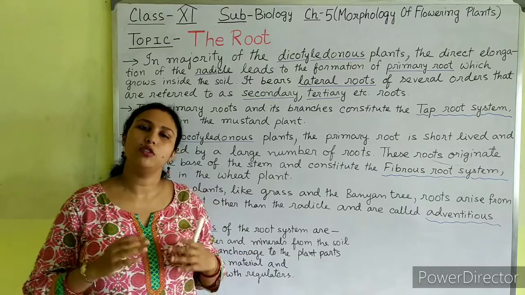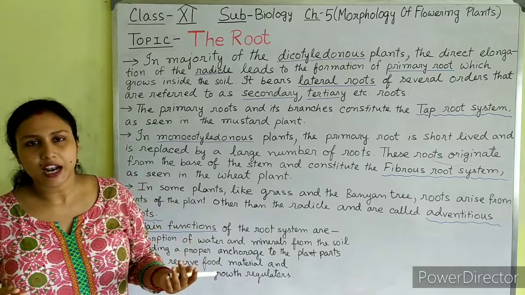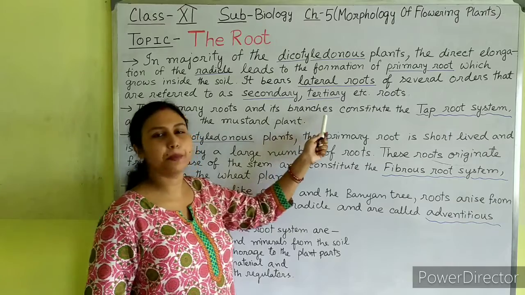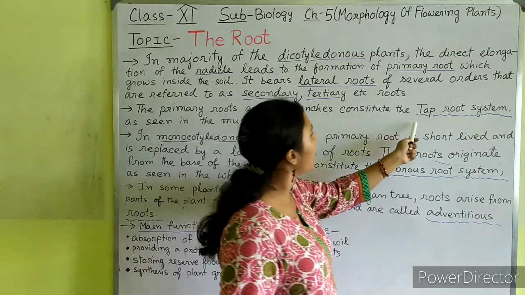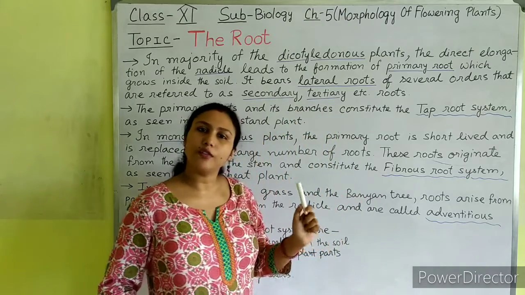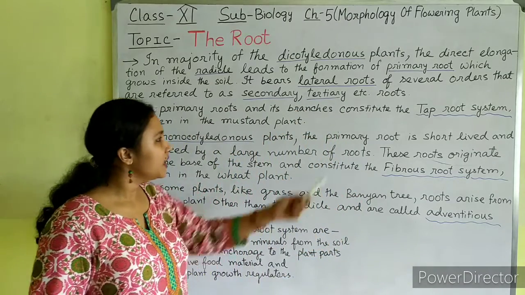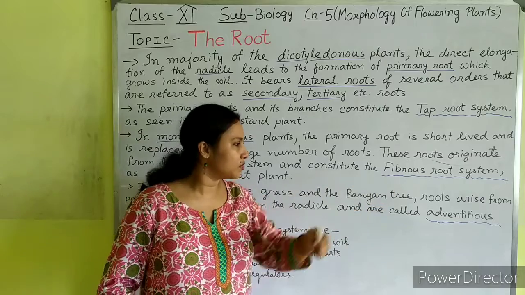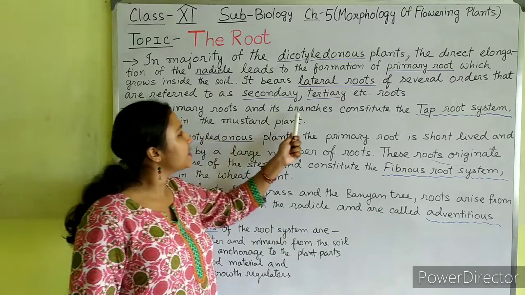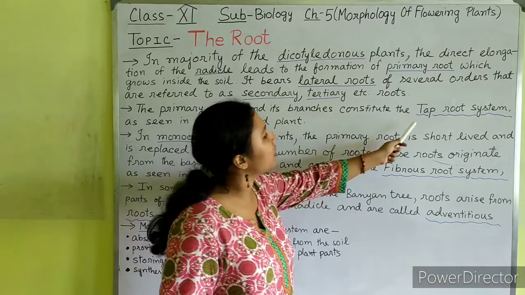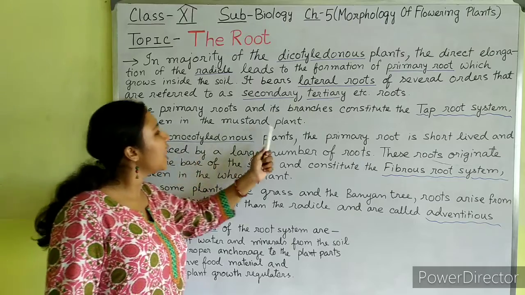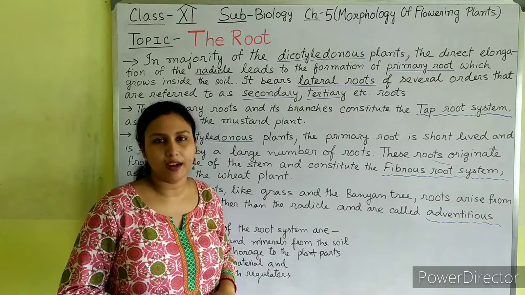Those are known as either secondary or tertiary roots. The primary roots and its branches constitute the tap root system. In your lower classes, you have already learned about the tap root system and fibrous root system. So the primary roots and its branches constitute the tap root system as seen in the mustard plant.